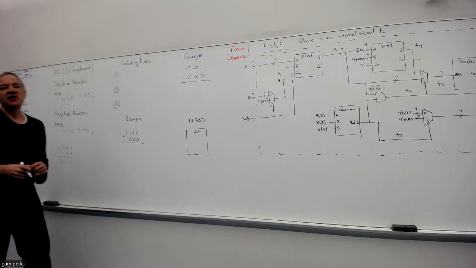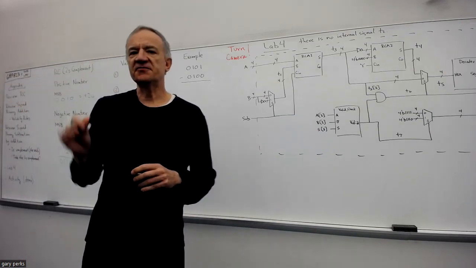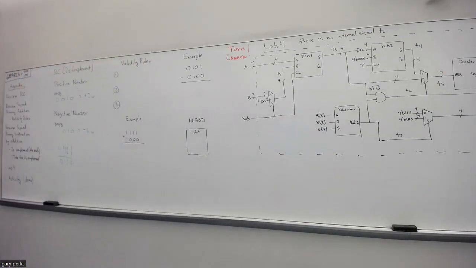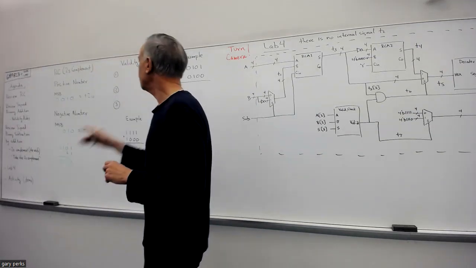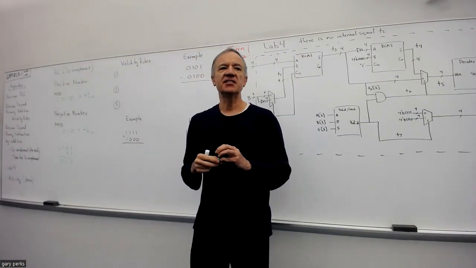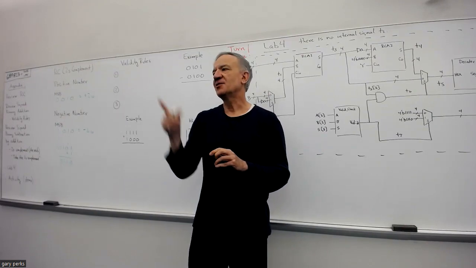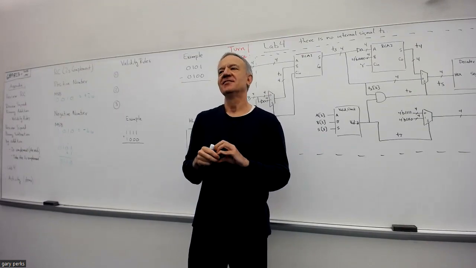Now, we also talked about these validity rules: anytime you do addition or subtraction by addition with binary numbers, you always want to make sure your result is valid. We have 3 validity rules. Can somebody give me one of those 3?